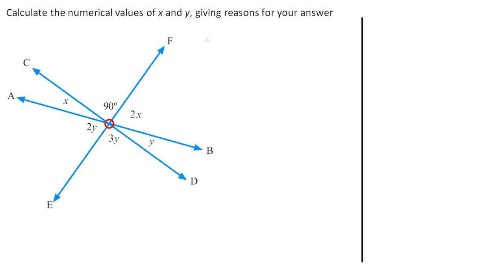Let's look at this geometry problem that you all see here. The question is, calculate the numerical values of x and y, giving reasons for your answer. A nice approach to do any geometry problem is you divide it into two columns, where your first column will be your statement and your second column will be your reason.